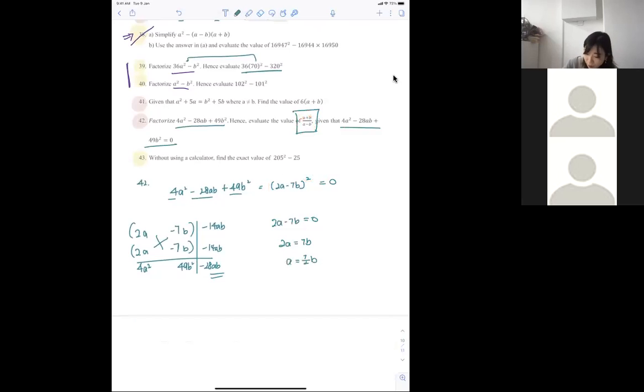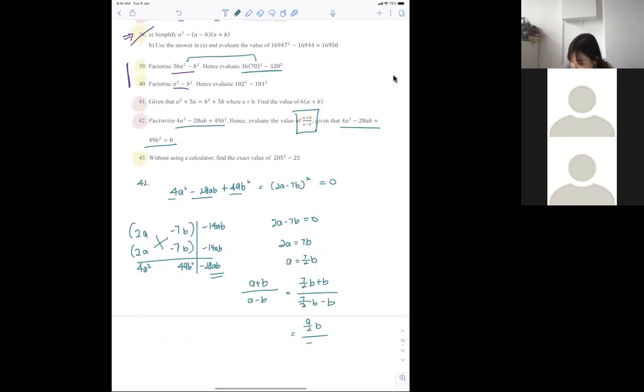Okay, so now I copy a plus b over a minus b. All of the a, you change to 7/2b. So 7/2b plus b over 7/2b minus b. So 7/2b plus b is like 7/2 plus 1. So it's 9/2b. 7/2b minus b is 7 over 2 minus 1.